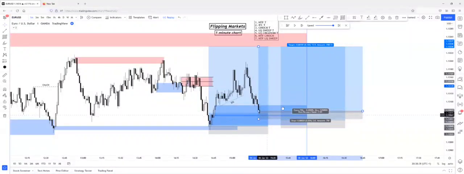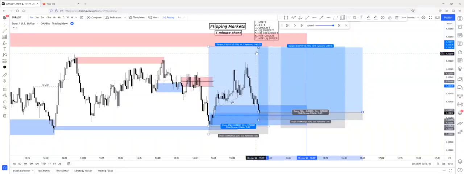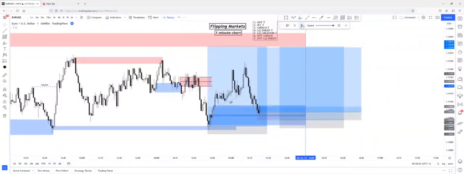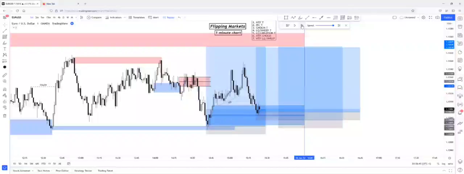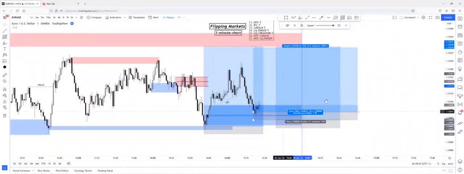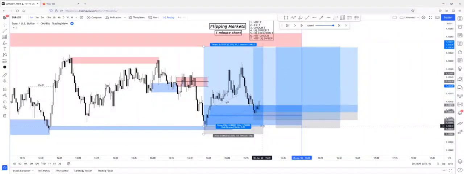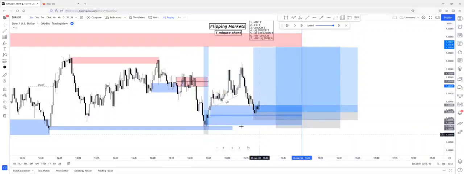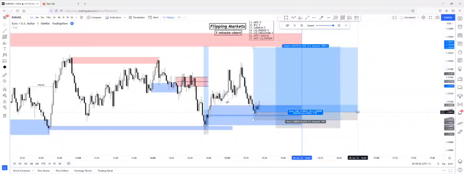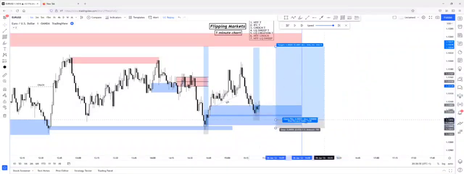Sorry, let me just adjust this. So we are tagged in. Let's see what happens. Okay, actually, I'm going to close this because I assume you can't see. And close this too, and close this too.